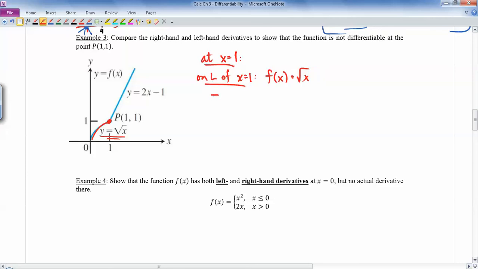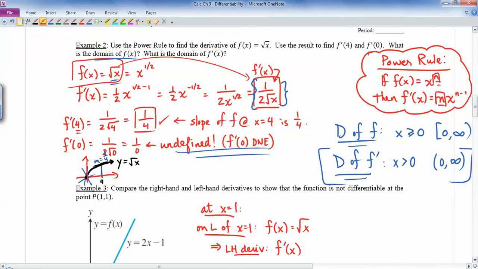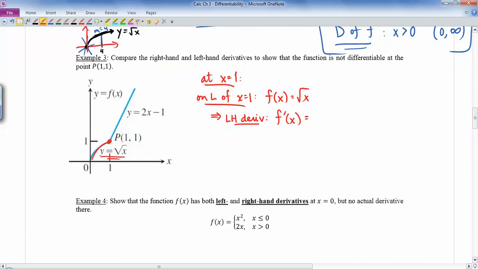So as we just did in the previous part, if we find the left-hand derivative, then we get f prime of x, which is this thing right here, 1 over 2 root x. So the left-hand derivative at 1, if I plug in just a little bit less than 1, I'm going to get 1 over 2 root just a little bit less than 1, which is really 1 over 2 times 1. So it's a half.